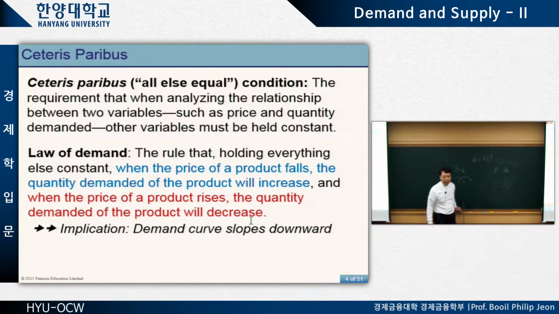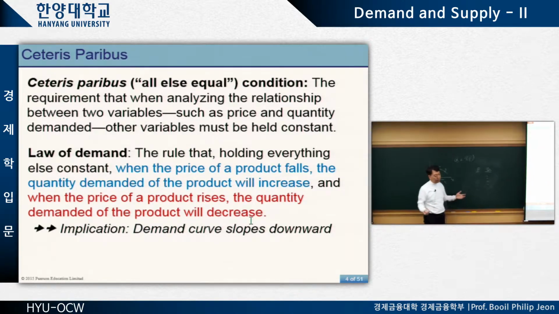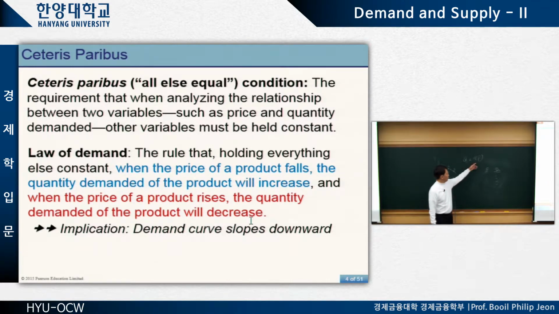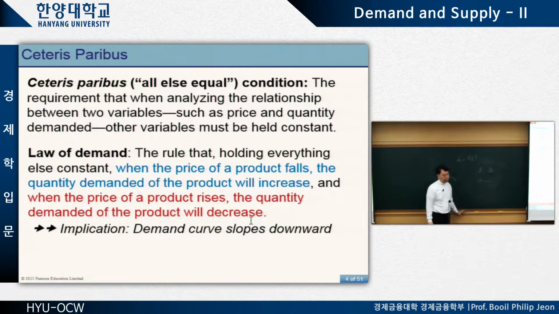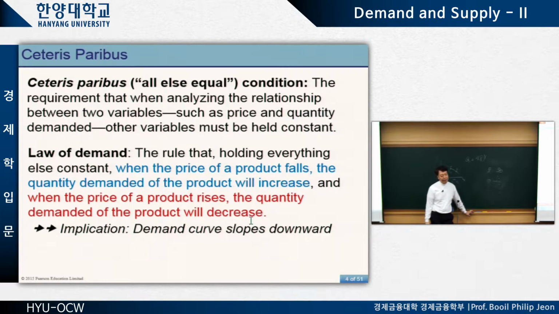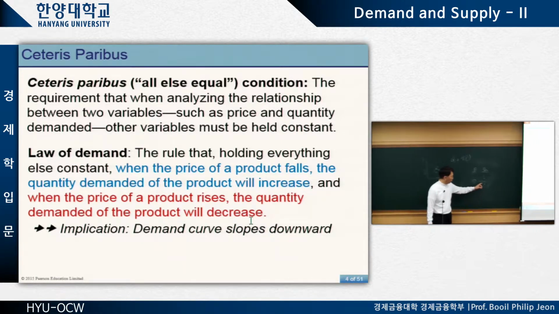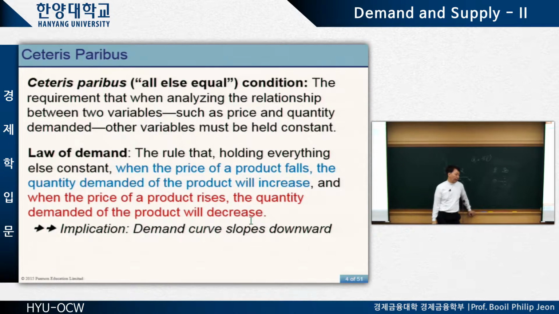So the purpose of finding this relationship is what? You can make a prediction, right? If you charge a certain price, you can expect that much sales in your business. Or if your sales goal is a certain amount, what price you should use, something like that.